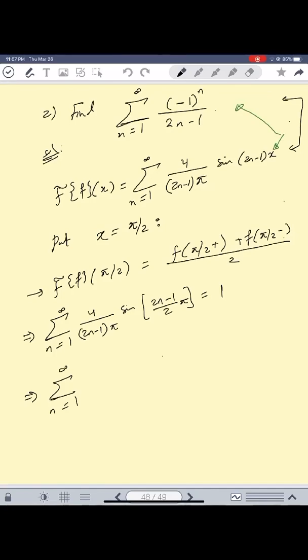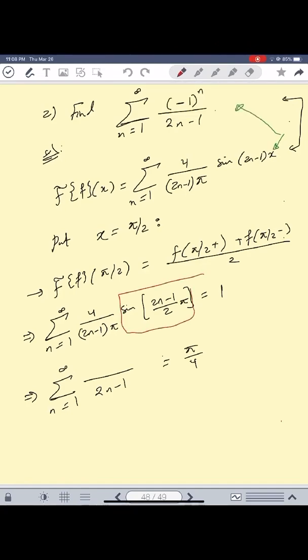These numbers inside the sum, this 4, this pi, are just constant numbers. So I can take them to the other side, and we will get pi over 4 on the other side, right? So now what's left is only the sine quantity.